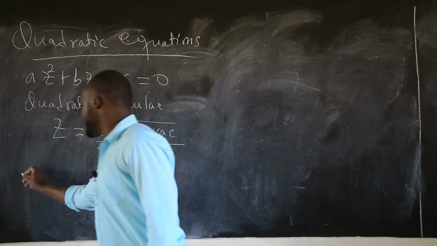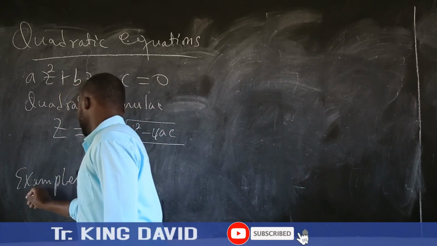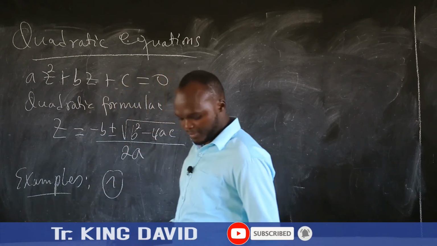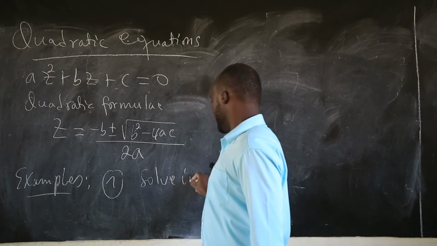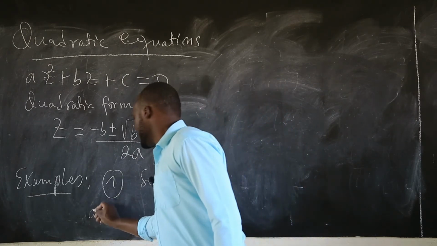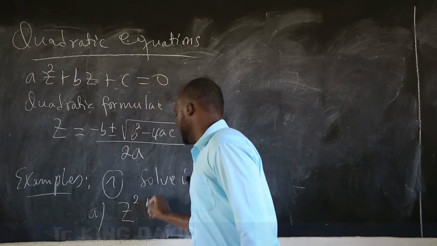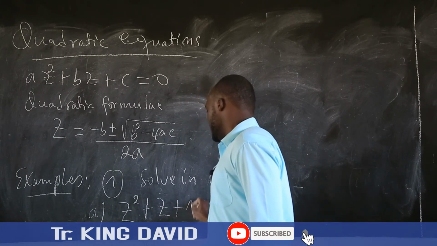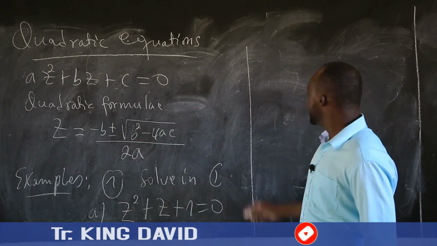So we have examples here. Number 1 is saying solve in complex numbers. We have a. Our a is z squared plus z plus 1 equal to 0. How can we solve that?